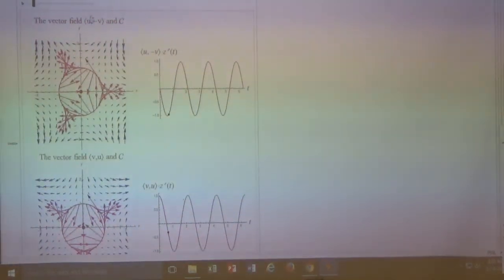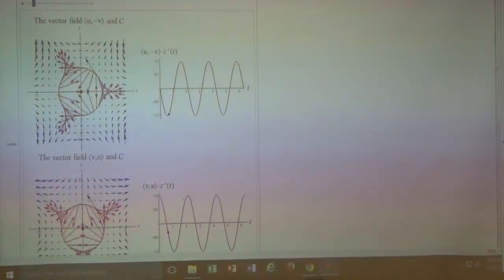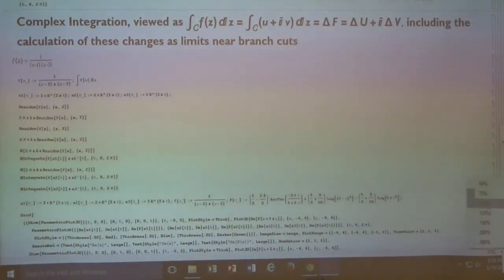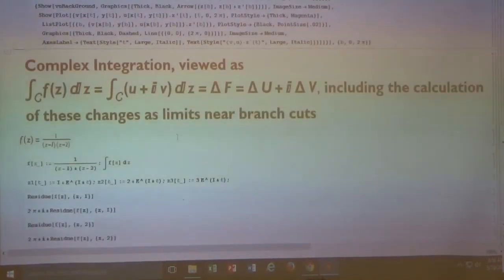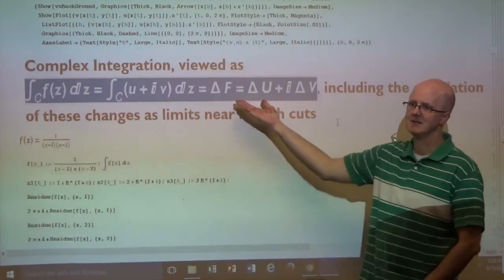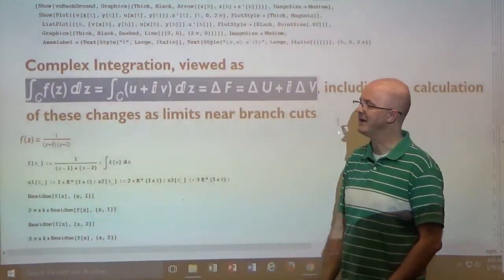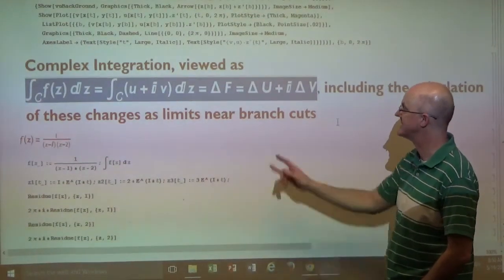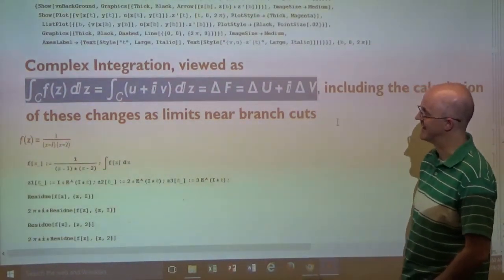I also wanted to quickly show you an example where the integral is not 0. I did briefly mention this before. You can also do complex integration in this way, at least over a domain where the function has an antiderivative over that entire domain, which this example is not.